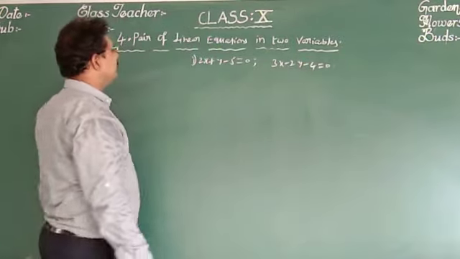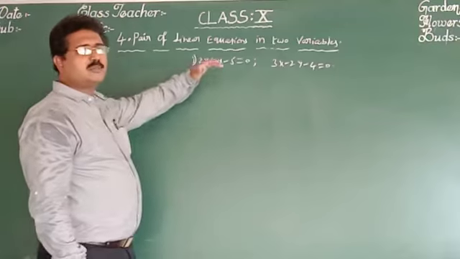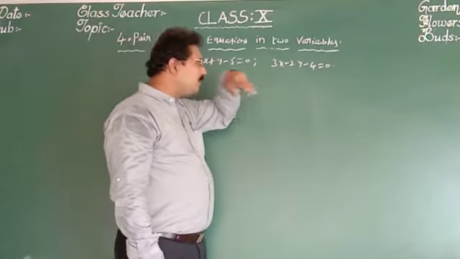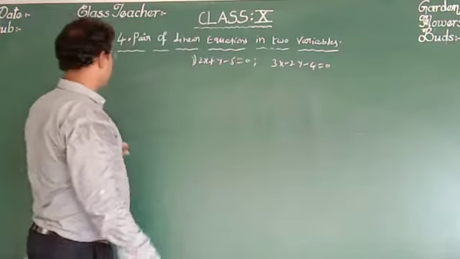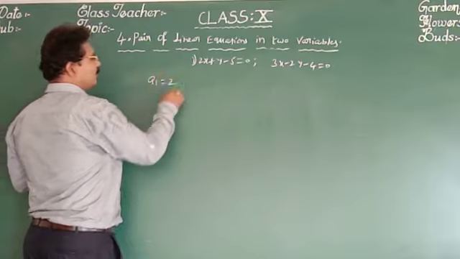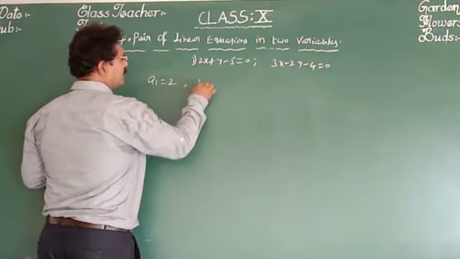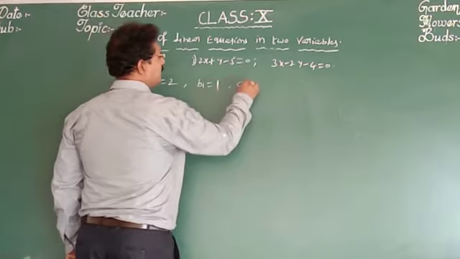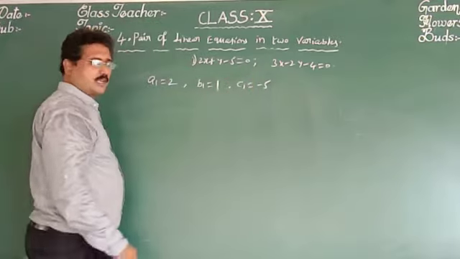Now let us check. Comparing with a1x + b1y + c1 = 0 and a2x + b2y + c2 = 0. First of all, a1 is equal to 2, b1 is equal to the y coefficient 1, and c1 is equal to minus 5.